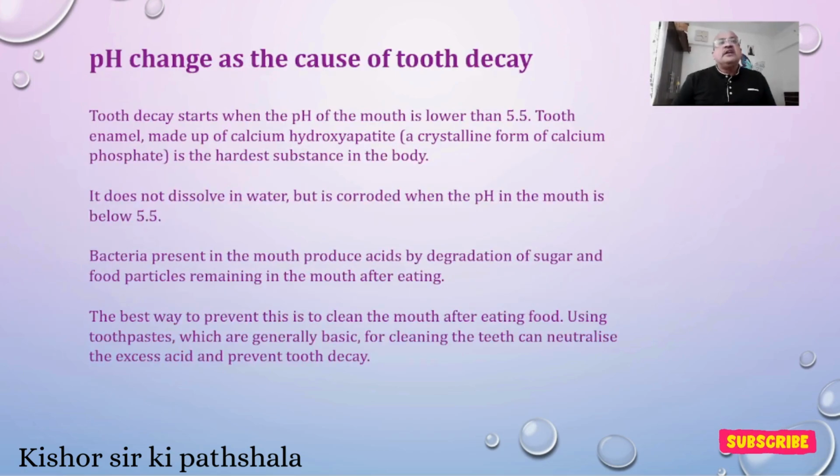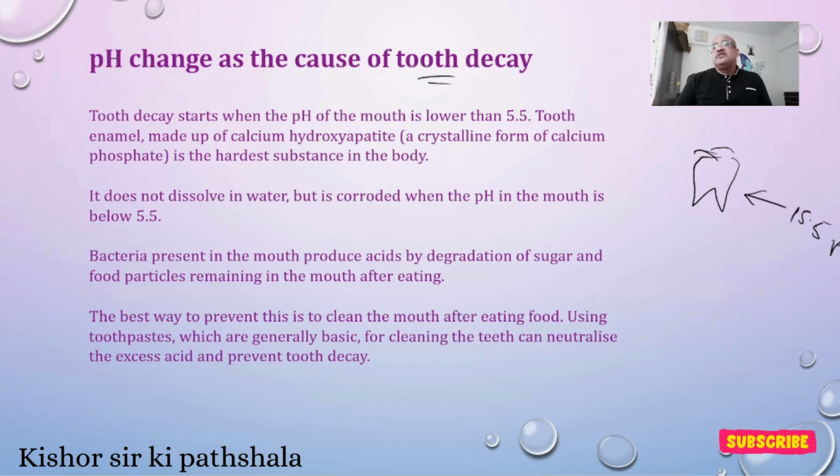Now let's see what causes tooth decay. You might have seen tooth decay happening and people going for root canal. Tooth decay starts when the pH of the mouth is lower than 5.5.